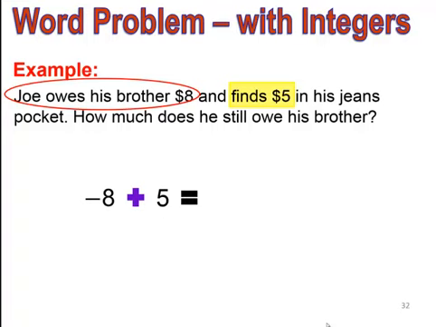So you'll see the owe is the -8, and the finding of $5 is add 5. And this is where the integer rules come into play. We have different signs, so that means that we are going to subtract, and we're going to keep the sign of the higher number. So in this case, he still owes his brother $3, so that would be a -3.